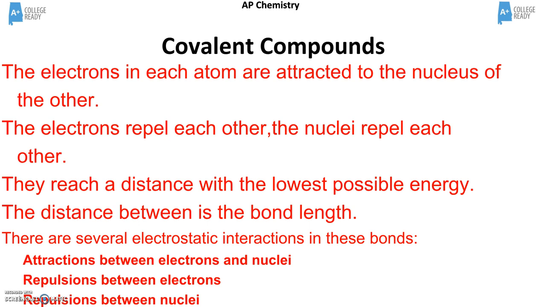bonded compound or molecule. They're going to reach that distance, and that distance with the lowest possible energy will create its bond length. Now remember, Coulomb's law. This is that application. The electrons are going to repel, the nuclei are going to repel. Remember, the proton to proton will repel each other.